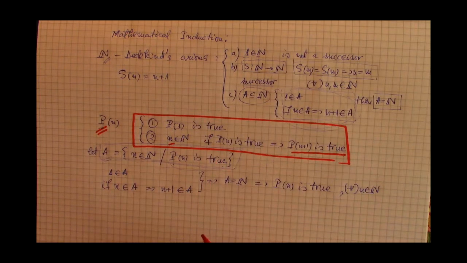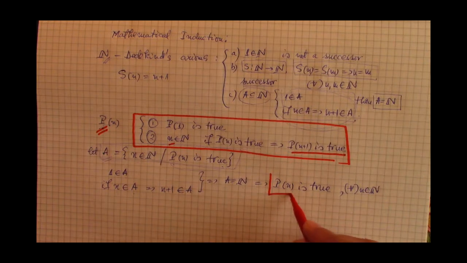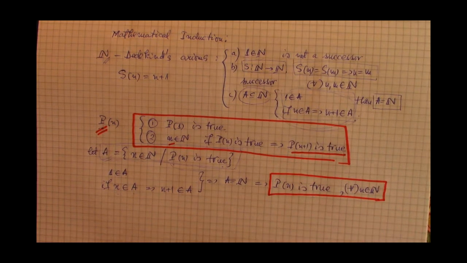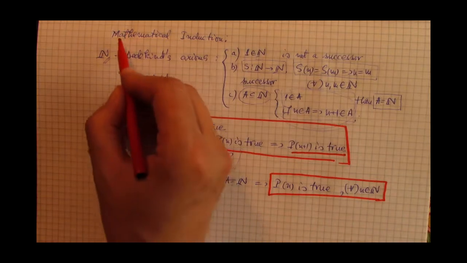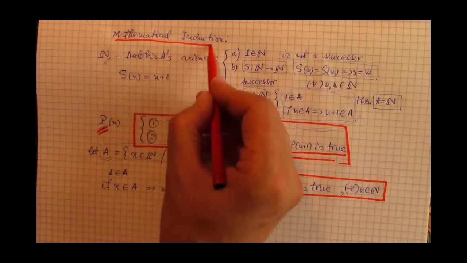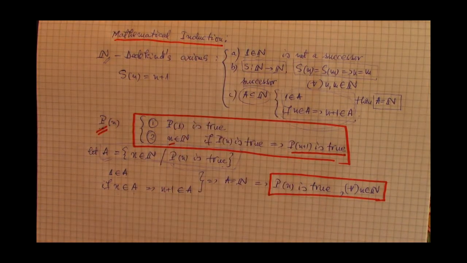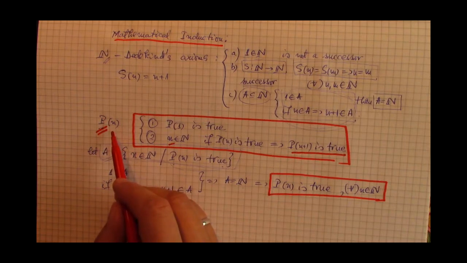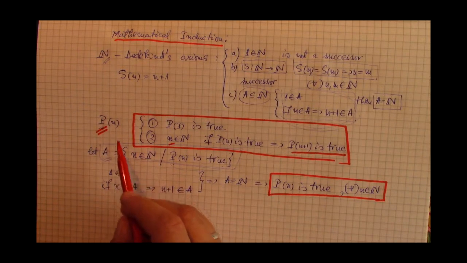From Dedekind's axioms, we can say, well, P of n is true for any natural number n. All right? So this idea is called mathematical induction, and it is a very important method of proving the fact that certain sentences that depend on the set of natural numbers are true.